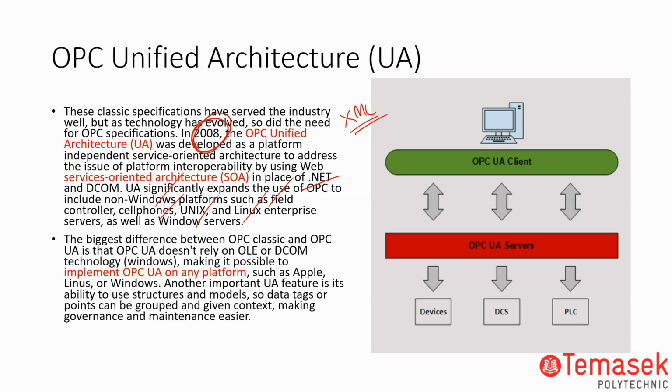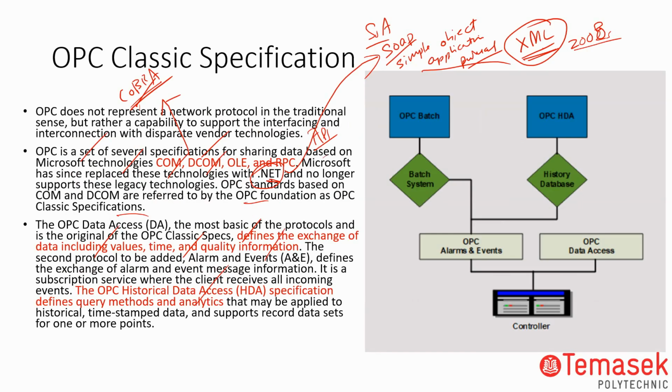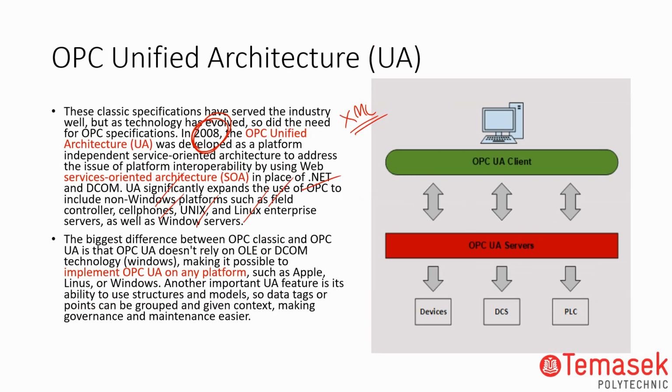The main feature is that when you use the old system, the security is not really there. With OPC UA, because of .NET, SOA and XML, if you know what Web 2.0 and SOAP are, this gives you web service security.